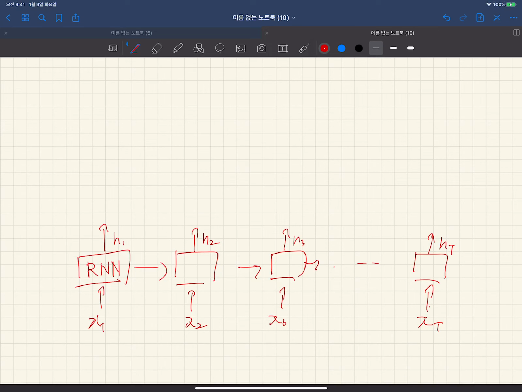And you can think of h1 through hT as an input for another RNN. So you put another RNN here with different parameters. This is the RNN with theta 1. You can define an RNN with theta 2 here.